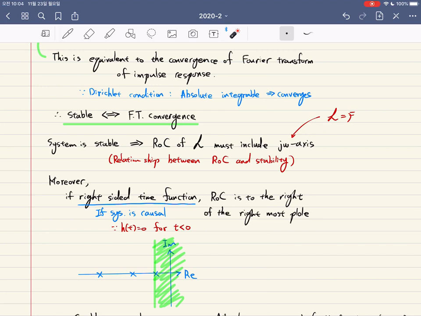With respect to this Fourier transform in Laplace transform, the Fourier transform only represents the j omega axis, which is the imaginary axis, and therefore if the ROC includes this imaginary axis, then we can say that the Fourier transform of the corresponding signal converges, and that means the system is stable.